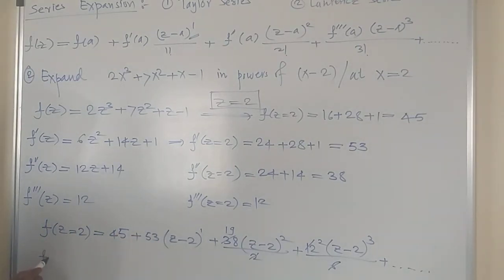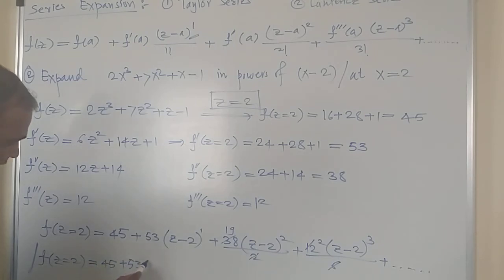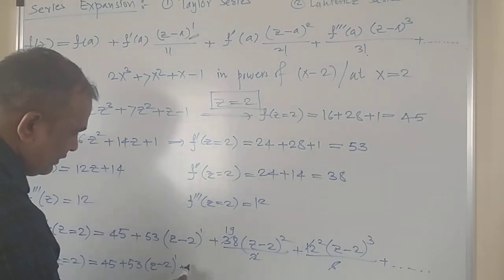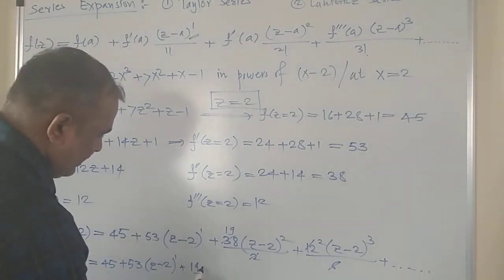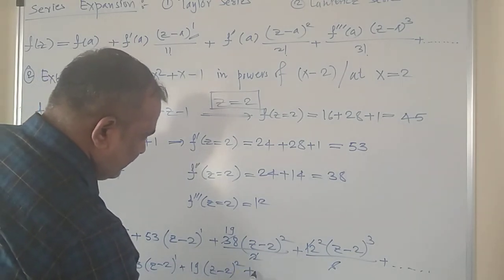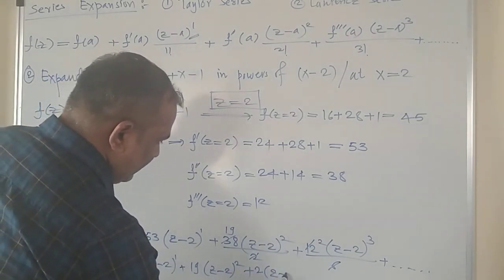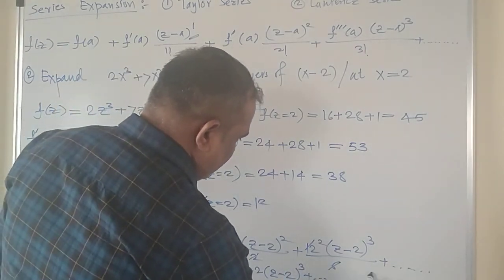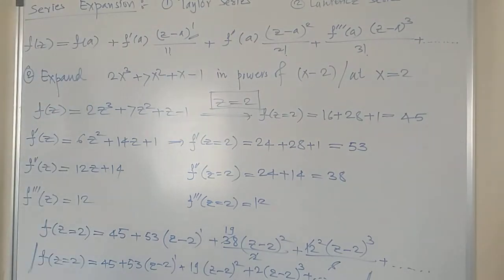So you will get f of z equals 45 plus 53 into z minus 2 plus 19 into z minus 2 bracket squared plus 2 into z minus 2 bracket cubed plus, this is the answer, right?